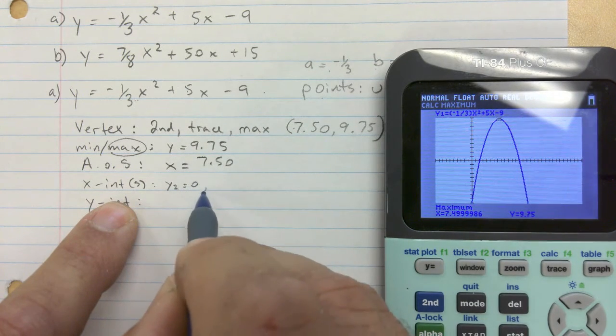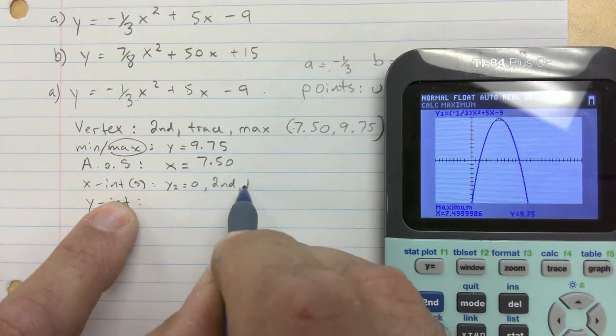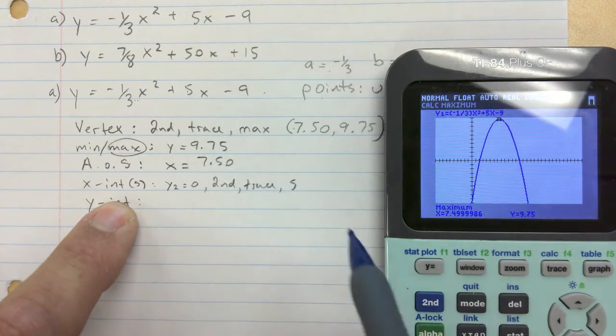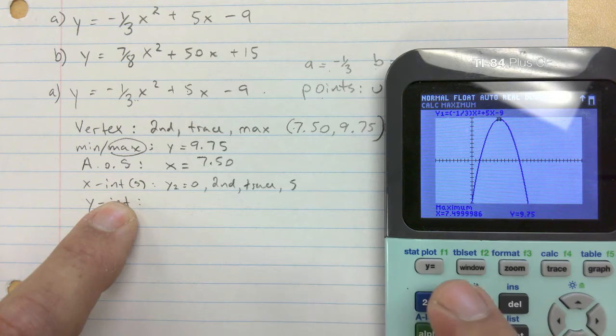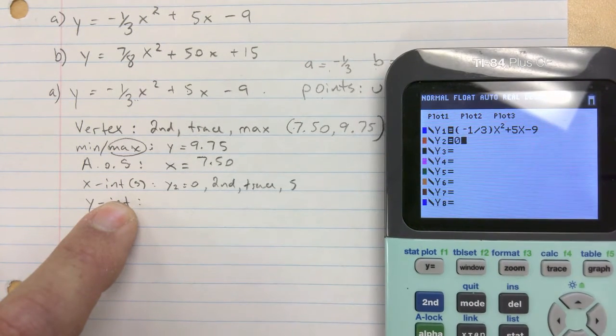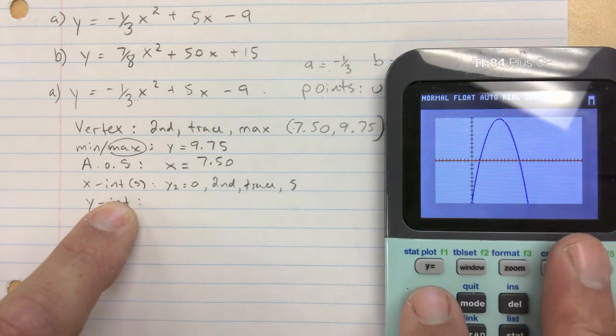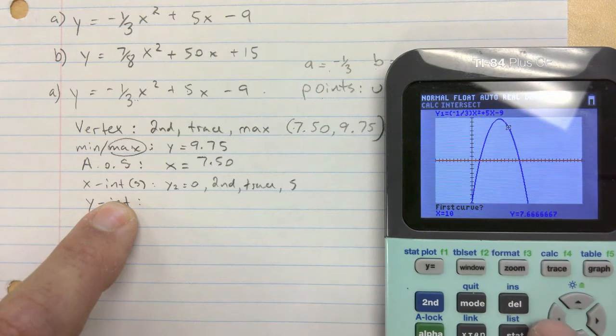y2 is equal to 0, second trace 5. So 0 there, hit graph, second trace 5. I'm going to go over to this one first, hit enter, enter, enter.